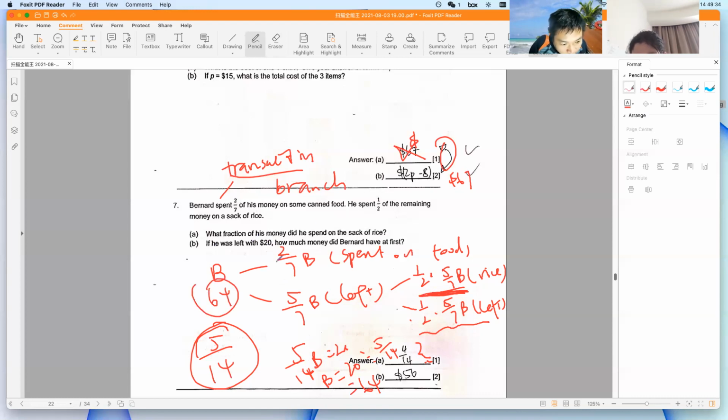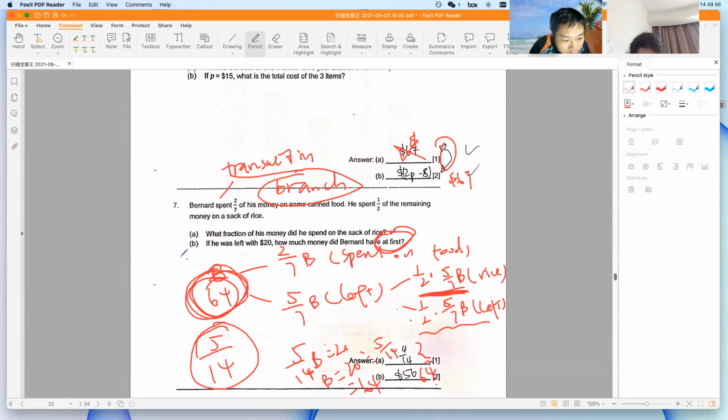So what the question is asking, how much money did Bernard have at first? At first, that means I should be reading at this. So that's why I write 64. Okay, so that's the reason why I want you to use the branch method. Because with the branch method, if they ask for at first, you just read here to them.